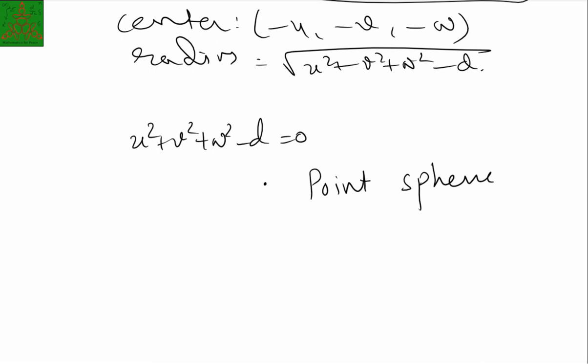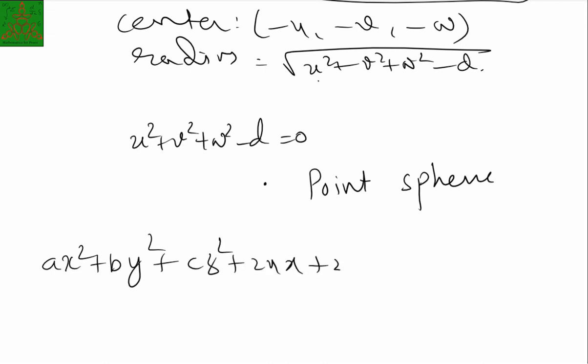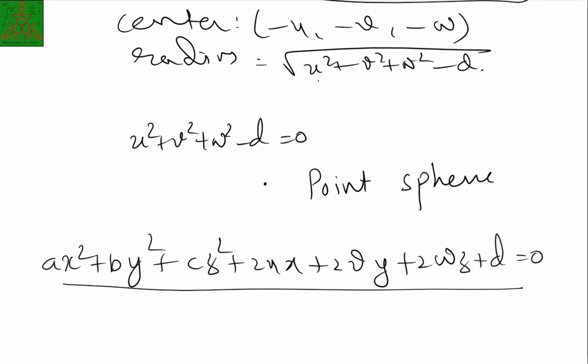So this quadratic equation, a x square plus b y square plus c z square plus 2ux plus 2vy plus 2wz plus d equal to 0, represents a sphere if the first condition, a equal to b equal to c, is satisfied.